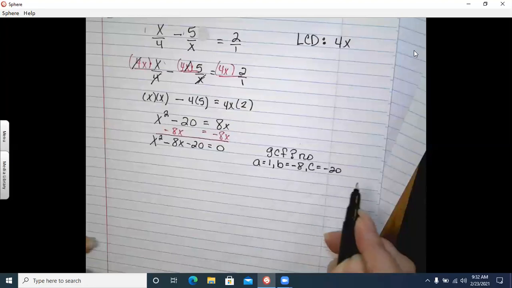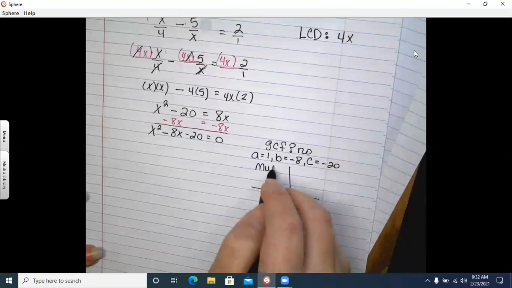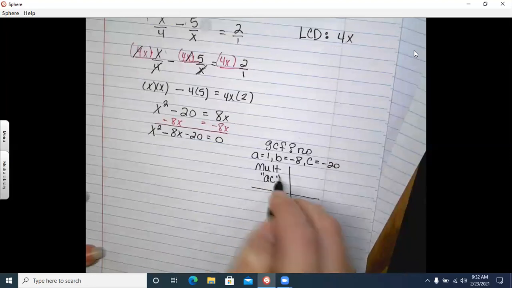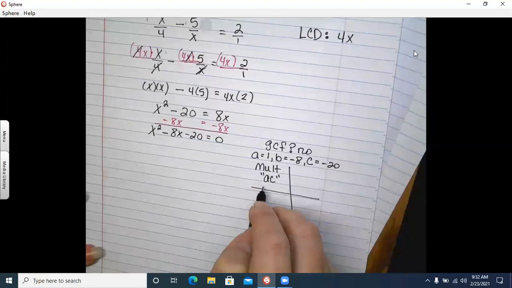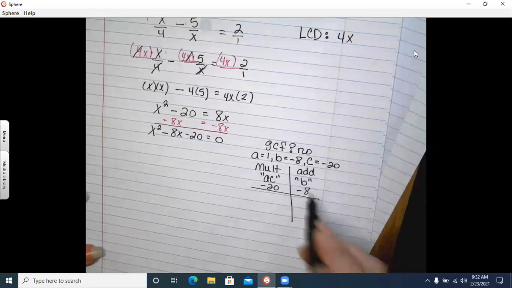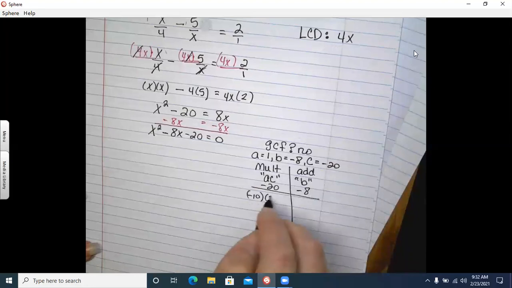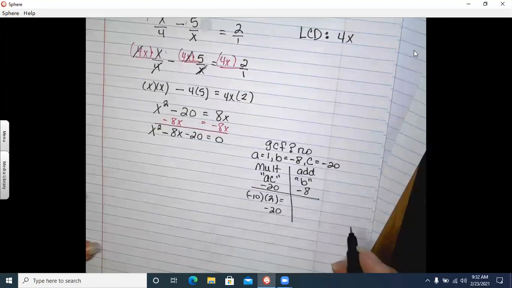So we need two numbers that multiply together to give us A times C, which in this case is negative 20, and add together to give me B, which is negative 8. All right, let's see. Negative 10 times positive 2 does multiply to give me negative 20, and negative 10 plus 2 does add to give me negative 8. Perfect.